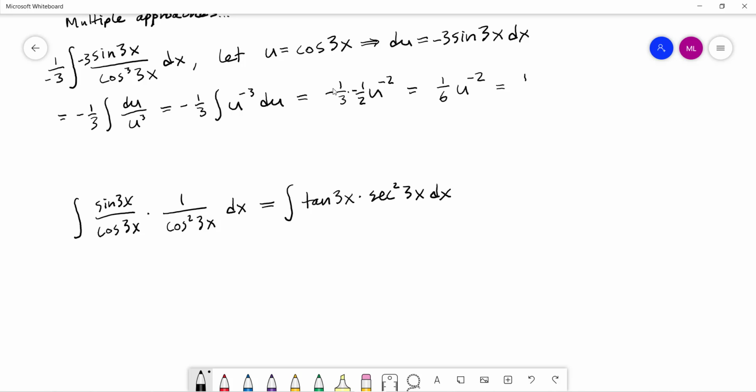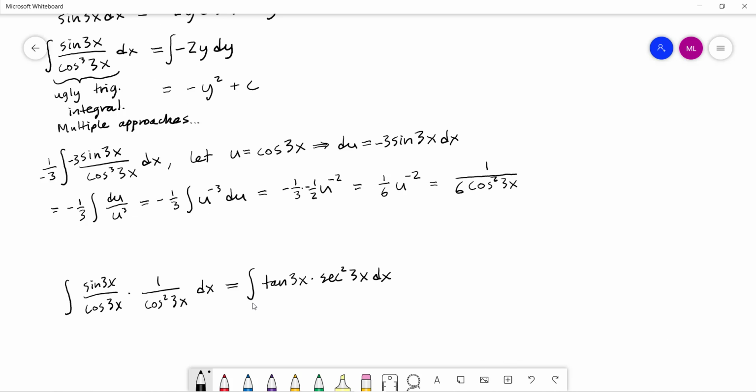So this is going to be 1/6 of cosine squared of 3x. But it's negative, so that whole thing is in the denominator as well. So maybe I can clean that up a little bit and write it as, put the 6 down there and do the 1 there.